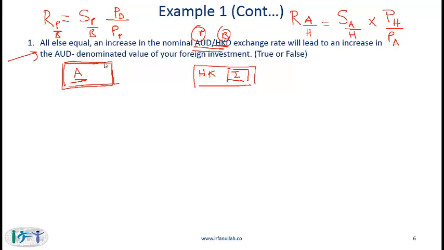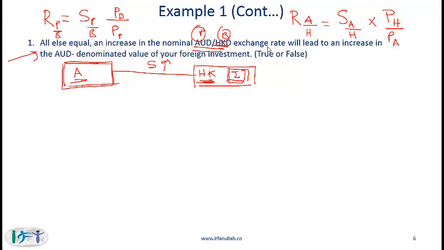But this client has investments in Hong Kong, and these investments are denominated in Hong Kong dollars. What the investment advisor is saying to the client is that if the Hong Kong dollar Australian dollar exchange rate, i.e. the spot rate, goes up, then the Australian dollar denominated value of the foreign investment will increase.